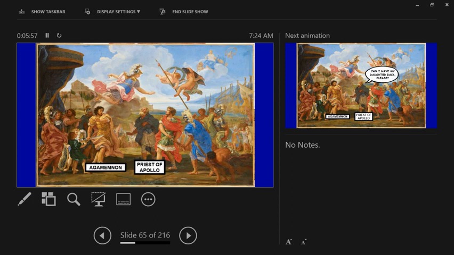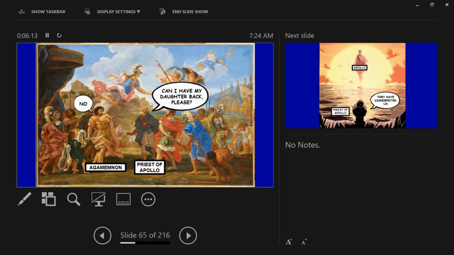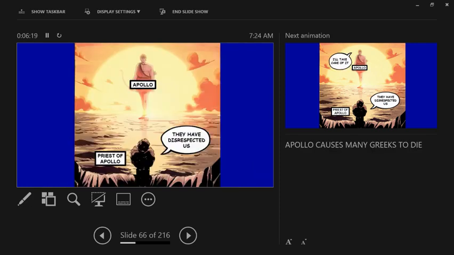Now, the father of one of those women comes to Agamemnon and says, "Can I please have my daughter back?" But this father is also a priest of Apollo. And Agamemnon says, "No, I got her in battle, and so I'm going to keep her." So the priest prays to Apollo and says that I, as a priest of Apollo, have been disrespected, and therefore you have been disrespected, Apollo.